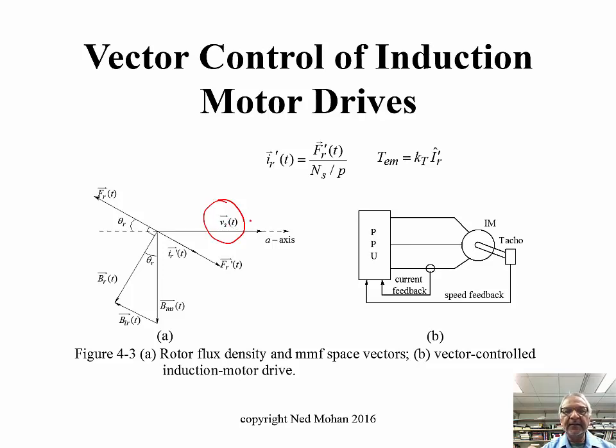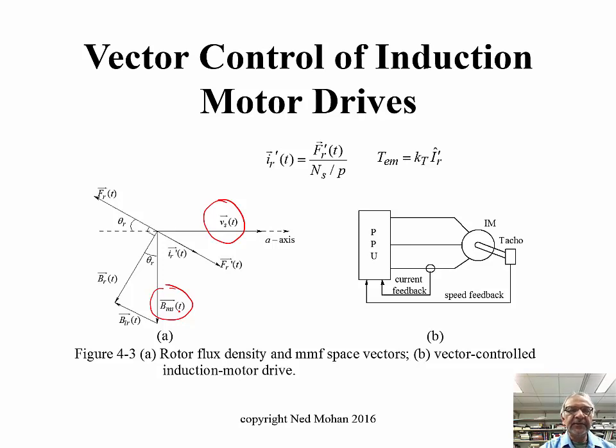If you neglect the stator resistance and stator leakage inductance, then the flux density distribution produced by these stator voltages is given by this B_MS space vector, which is at 90 degrees to this voltage space vector.